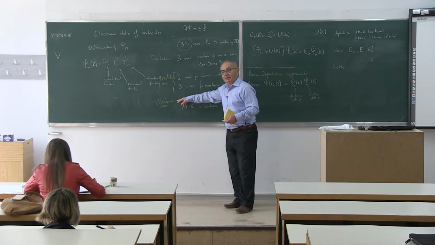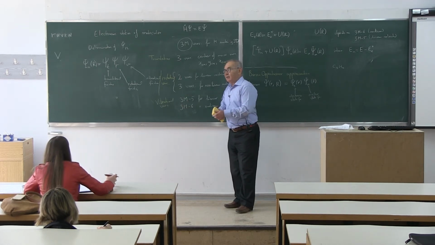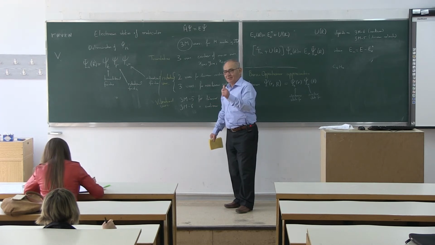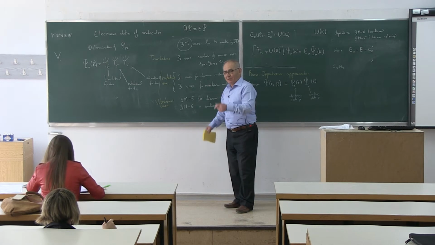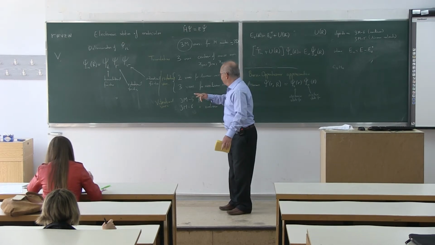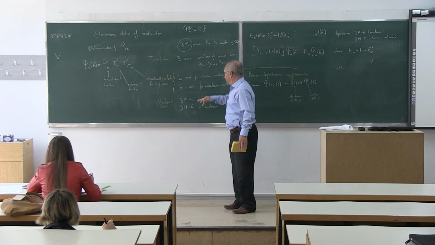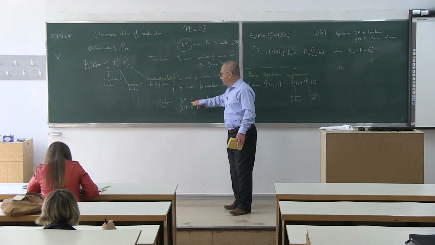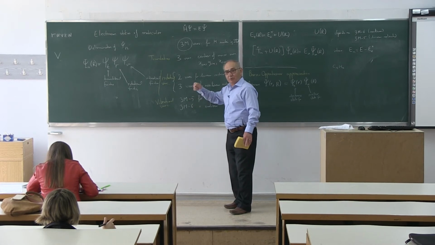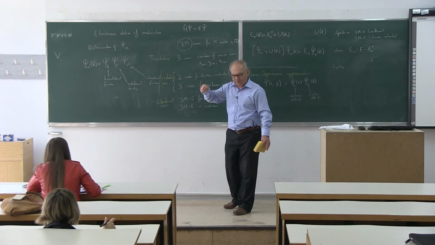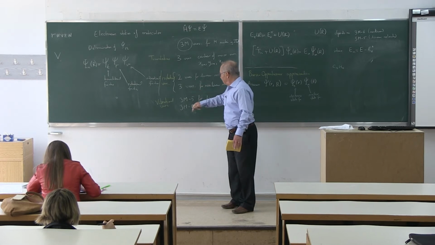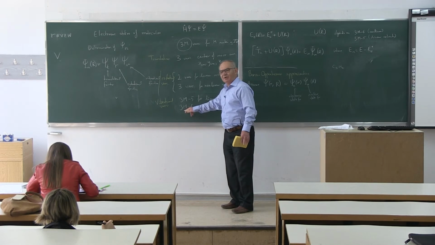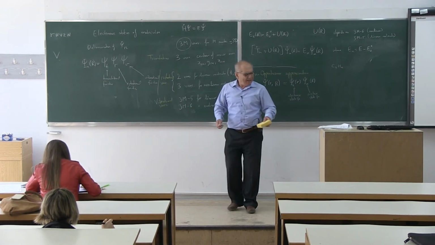Number of vibrational variables also gives us the number of vibrational frequencies in the molecule. So we may say this: a linear molecule has 3 times m minus 5 vibrational frequencies or vibrations. On the other hand, a nonlinear molecule has 3 times m minus 6 vibrations.